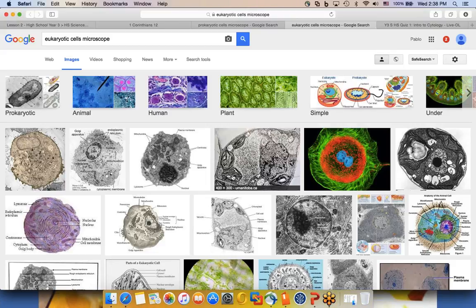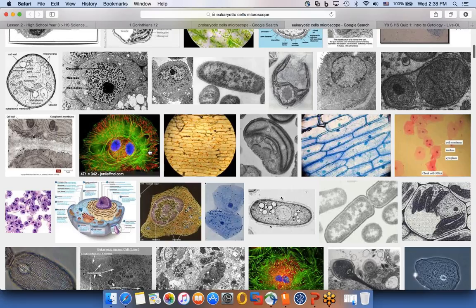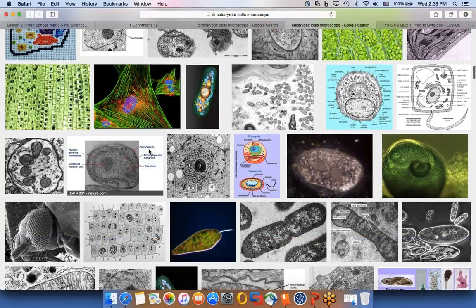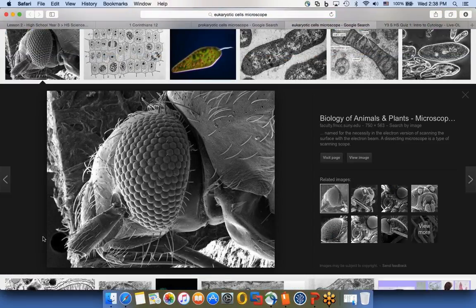It is interesting because sometimes Google doesn't get it right. For example, when I type this and scroll further back, I see this image of a fly, and it's a fabulous image, but certainly this is not a eukaryotic or a prokaryotic cell. Why is it here? I don't know, but it is a cool image.